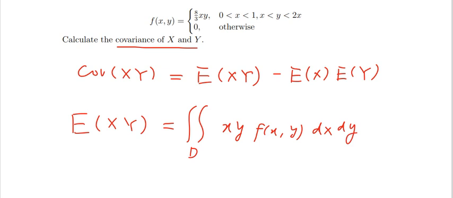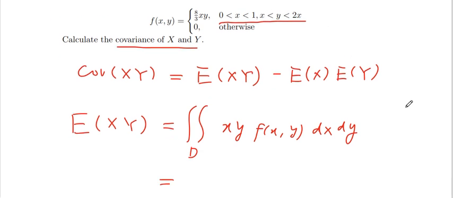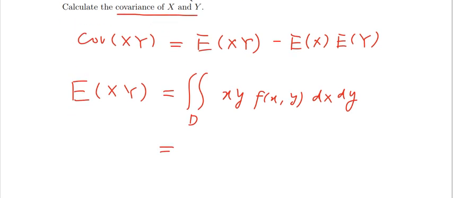Okay, so then this integration, this region, we just check. Sometimes we can draw this region. Here we know x is from 0 to 1, y from x to 2x. So without drawing this region, we can easily determine x from 0 to 1. So we just check dx, focusing on x first.